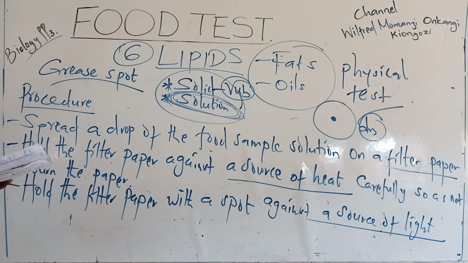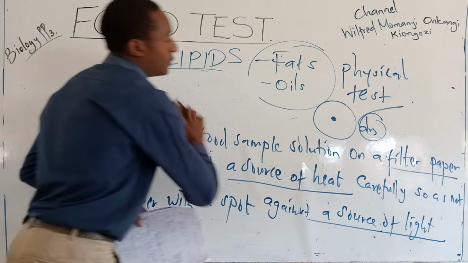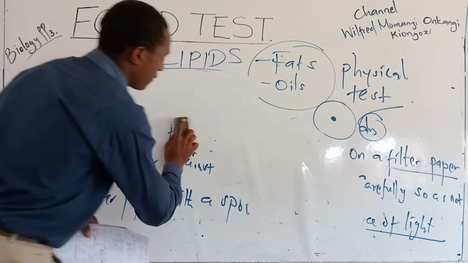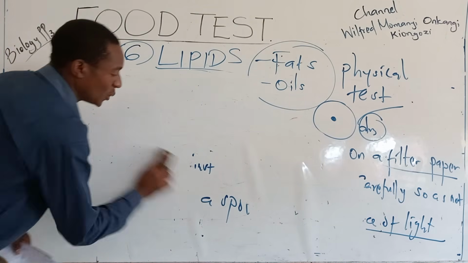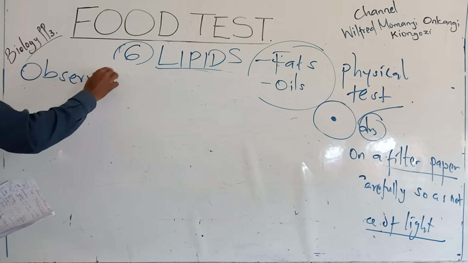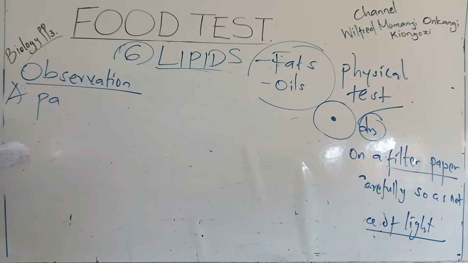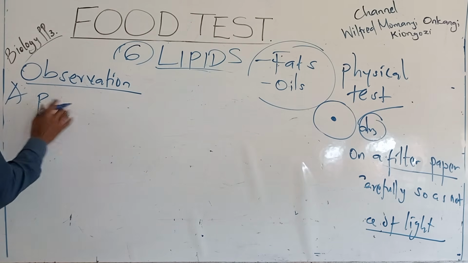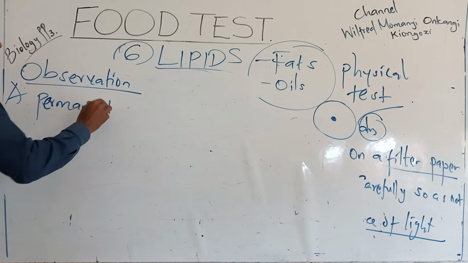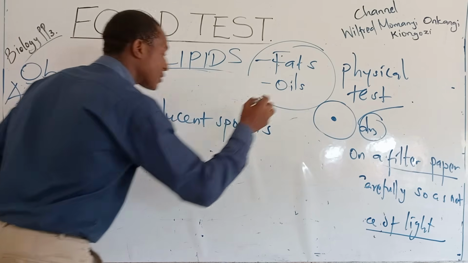What will be the observation if the lipids are present? Observation. If the lipids are present, this is what you will see: a permanent, translucent spot is formed.